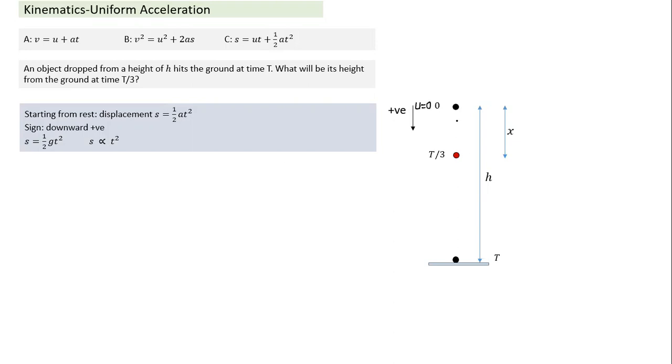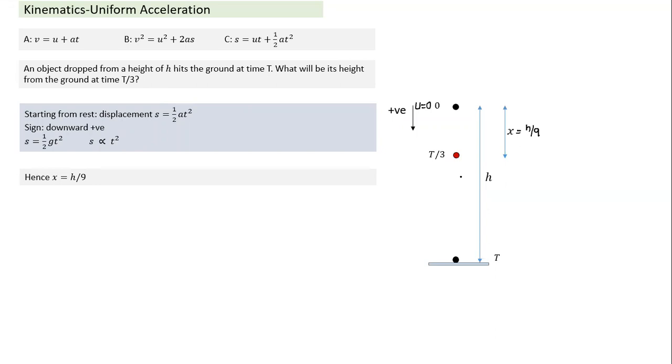So since the time has become 1/3, whatever distance it has moved in time t, it has moved distance h in time t. It will move distance h by 9 in time t by 3. So what is the height here? Height from the ground will be equal to 8h by 9. So if I understand this point, it gives me better mental clarity. Some of the questions I can solve much faster with better clarity.